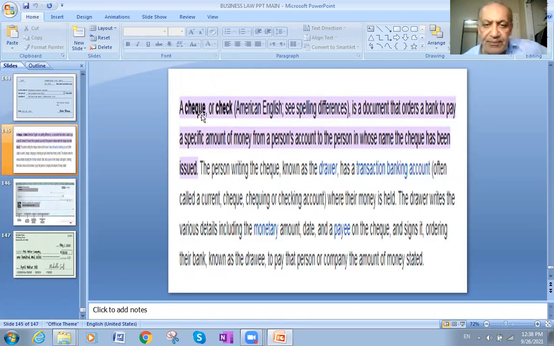A check, in American English, see the spelling differences, is written check or cheque. It's a document that orders a bank to pay a specific amount of money from a person's account to the person in whose name the check has been issued.